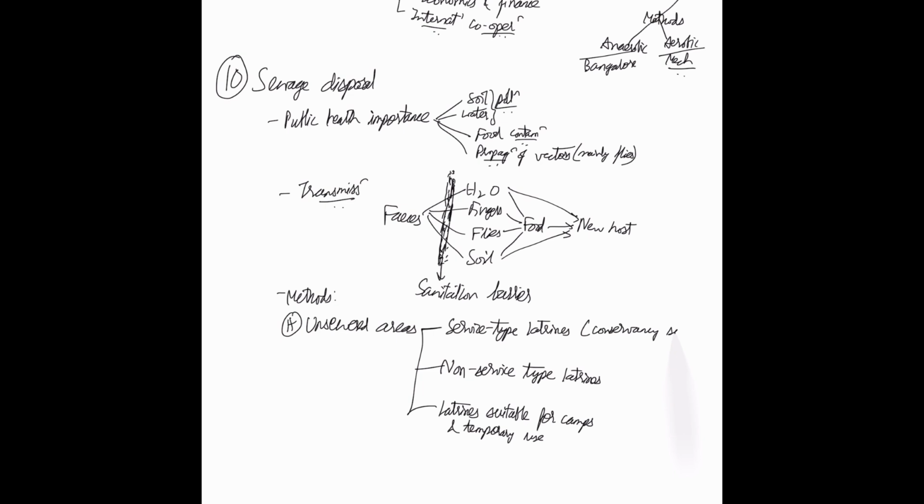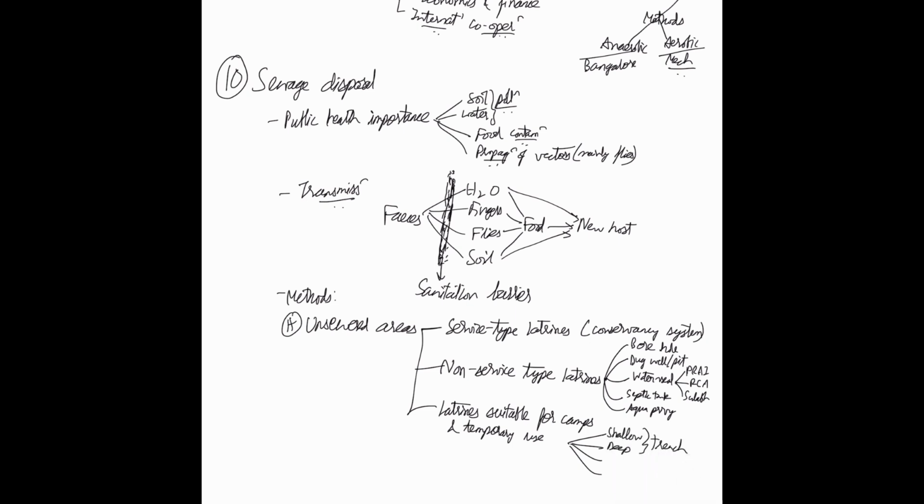In the service type latrines, we have the conservancy system, and in non-service type latrines, we have boreholes, dug wells or pits, and water seal latrines, which are of three types: PRAI, RCA, and Sulabh. Sulabh Shauchalaya, that we all know.